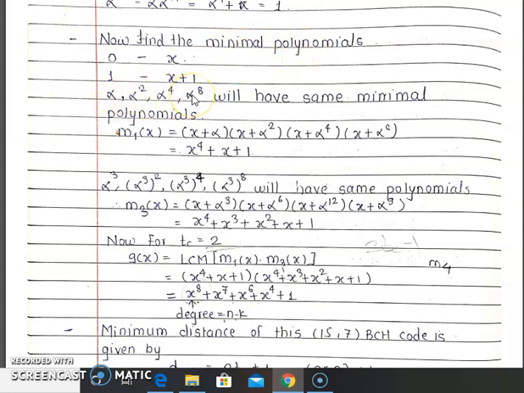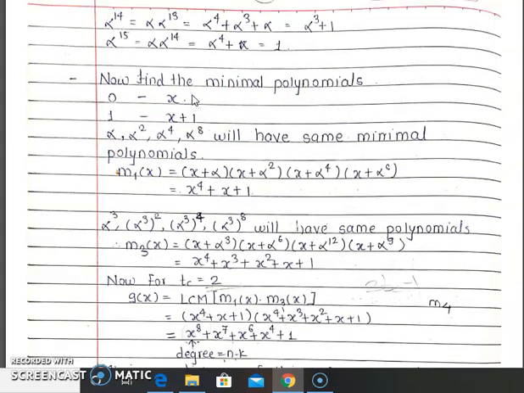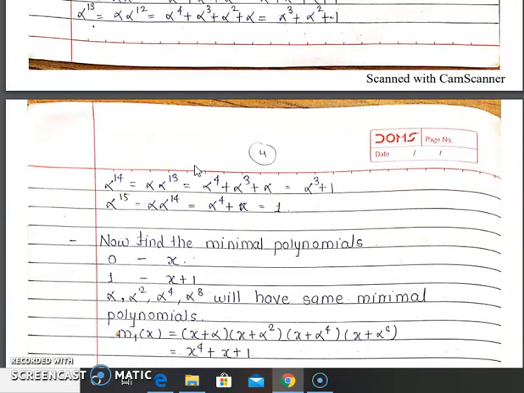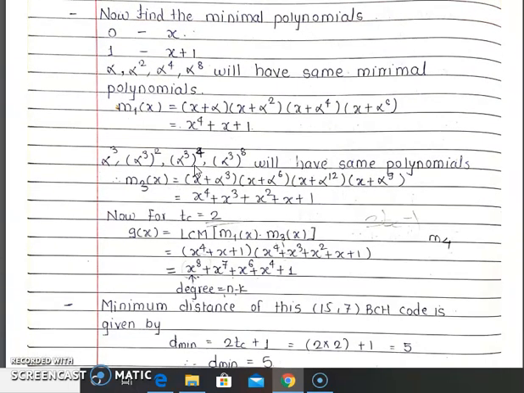Students, these are the roots of the given elements. You find alpha raised to 5 is equal to alpha square plus alpha. This is the exceptional part in BCH numericals. You can skip this part also, but it is important that you know which minimal polynomial is for which group of elements. m1 is there.